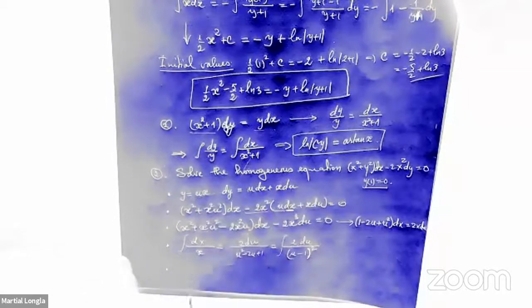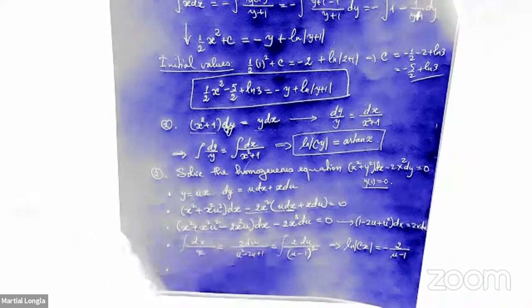So when we want to integrate, we integrate both sides. The integral of the left gives you the natural log of the absolute value of cx. And when you integrate the right, that's minus 2 over u minus 1, because the integral of du over (u minus 1) squared is minus 1 over u minus 1.